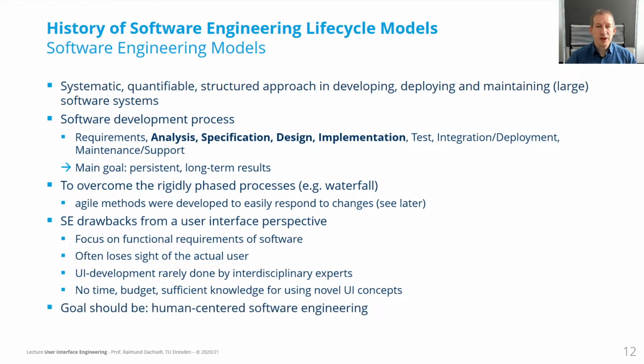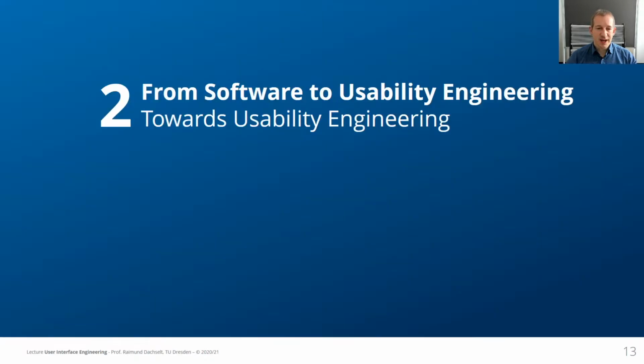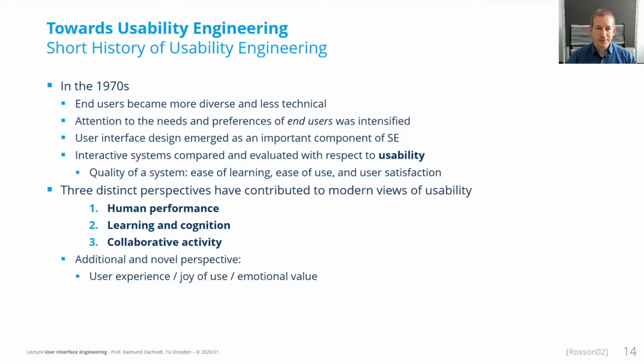So the goal should be human-centered software engineering. And therefore I would like to sketch the development towards usability engineering now. So in the 1970s, the users became more diverse and less technical, in particular, of course, in the 1980s with the advent of the personal computer.